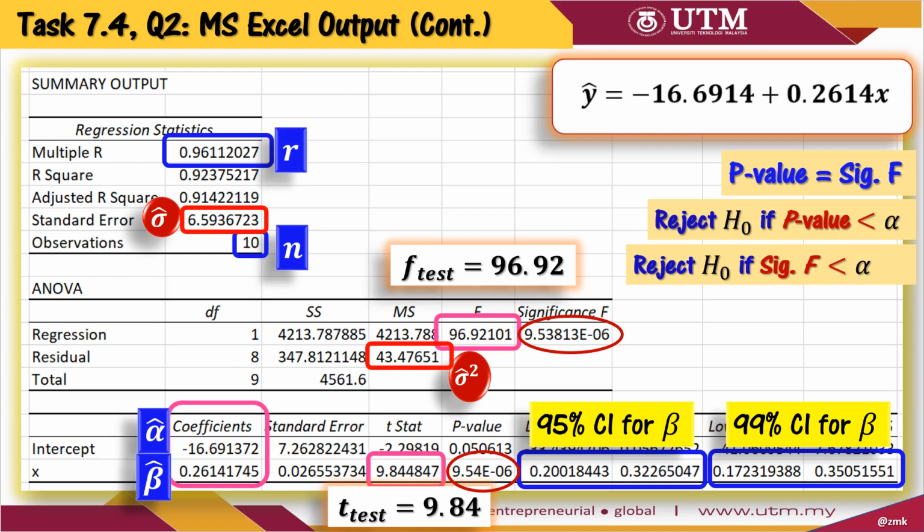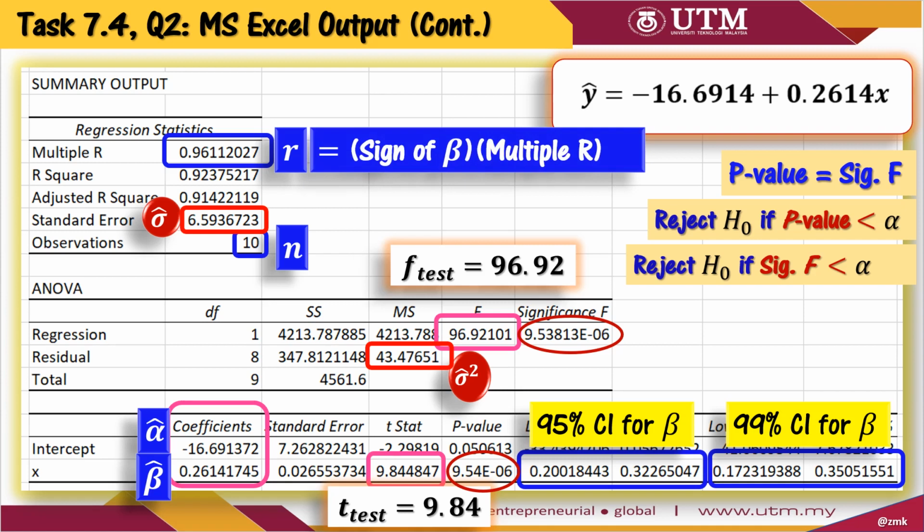But if the estimated beta is negative, then the value of R will be negative multiplied by this multiple R value. So in general, the R value is the sign of beta times the multiple R value. What about this R square value? Let's find out the answer in the next slide.